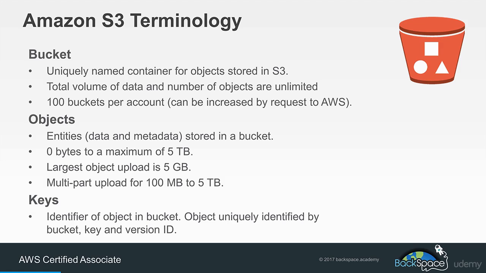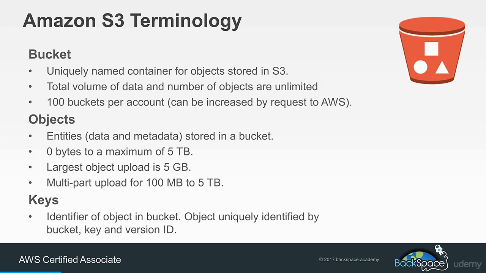Within a bucket are objects. That could be an MP3 file, it could be a video file, it could be a document. They are entities which consist of the data and also metadata that is attached to that data, and they're stored within a bucket. The data can range in size from 0 bytes up to a maximum of 5 terabytes. Now, there are some restrictions if you want to upload 5 terabytes.